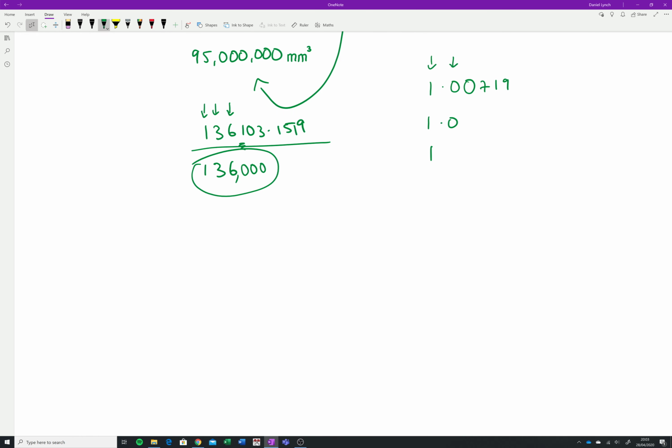Okay, so for 24, you could have just 24 all in a row. So 1 by 24 rows and columns. You could have 2 and 12. You could have 3 and 8. You could have 4 and 6. Those are all the different ways in which they could be arranged.